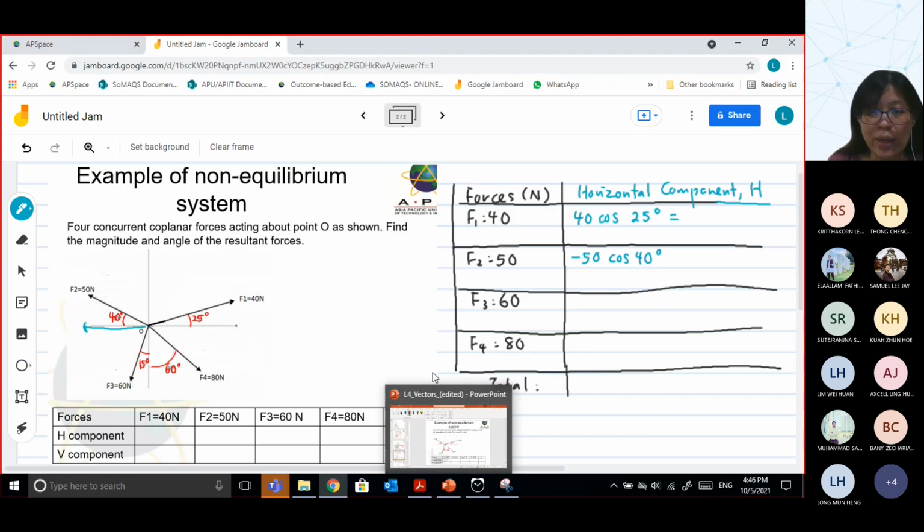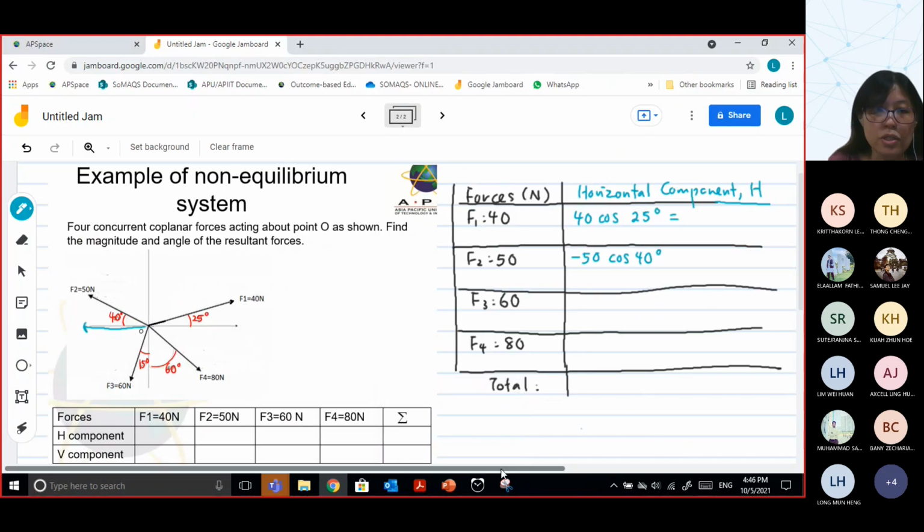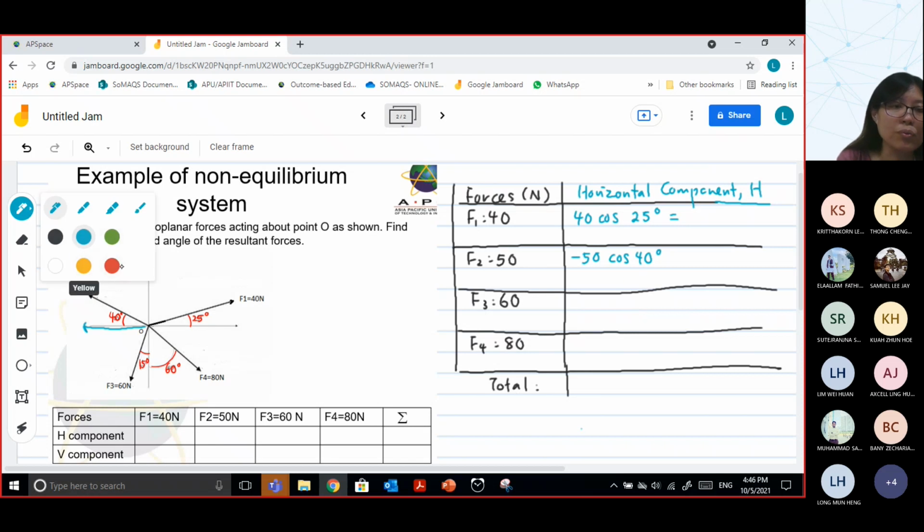Or there's another way. If you think including the negative sign is sometimes confusing, then you can have an alternate way to calculate it. So instead of putting negative 50 cos 40, you can just put it as... can you see the angle from here to here?